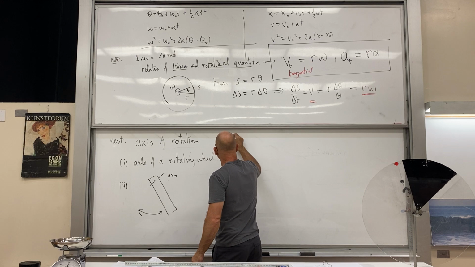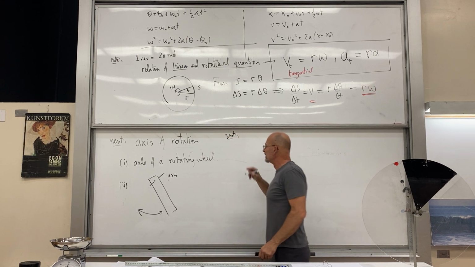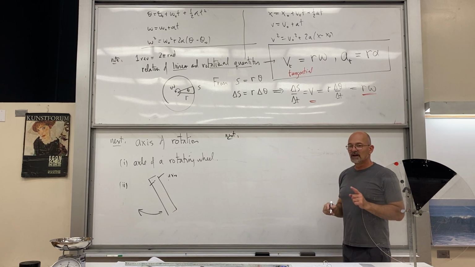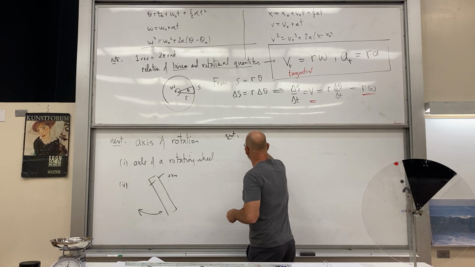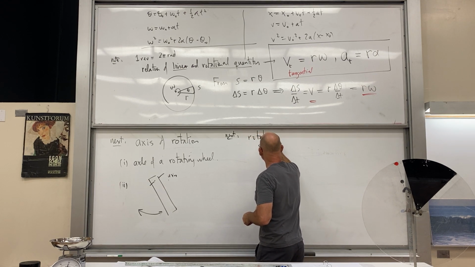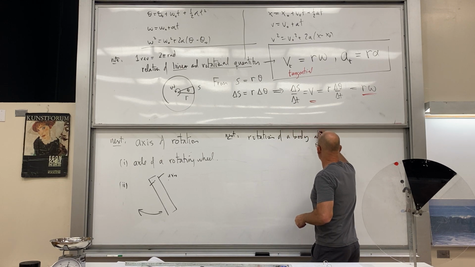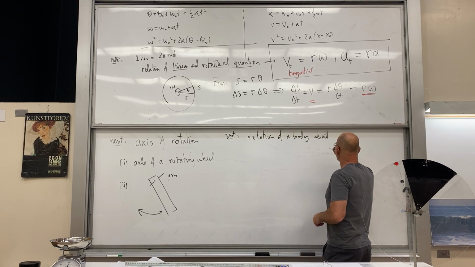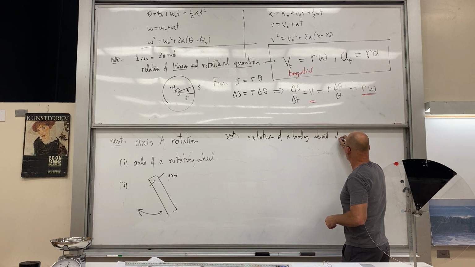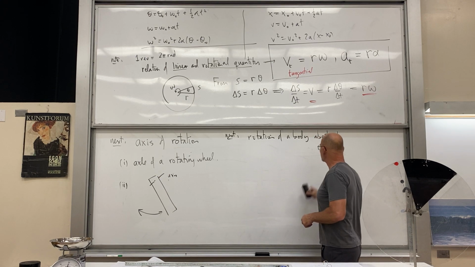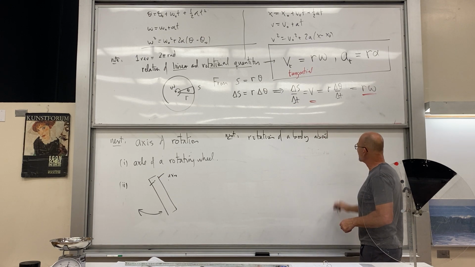So next here is rotation of an extended body, or just rotation of a body about, and not its axis, an axis. There are many possible axes.